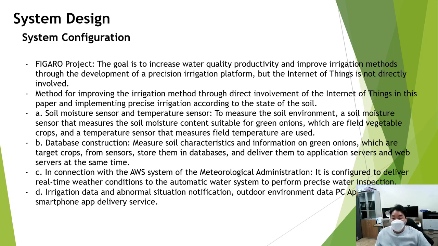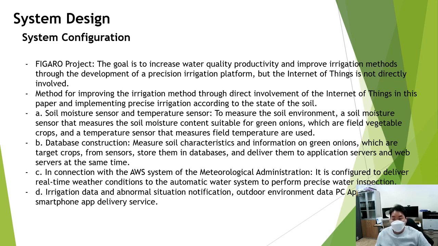Now, for the composition of the study conducted in this paper, soil moisture and temperature sensors were used to detect soil moisture and measure field temperature suitable for green onions, which are field vegetable crops.